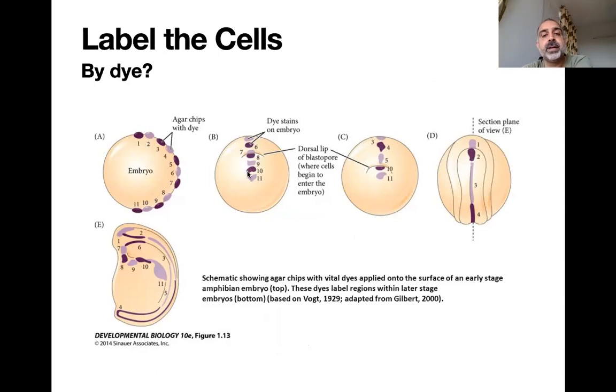In this way, he was able to show that various bits of the ectoderm gave rise to various bits of the brain, of the central nervous system. So a dye placed in this one position would give rise to the forebrain, whereas a dye placed further caudally would give rise to more hindbrain type characters.